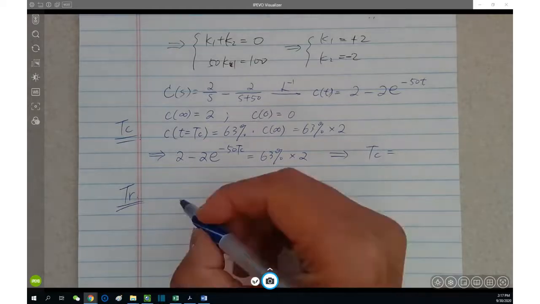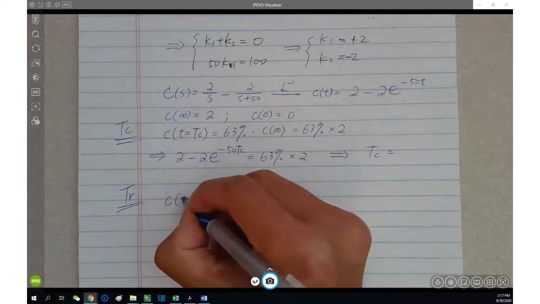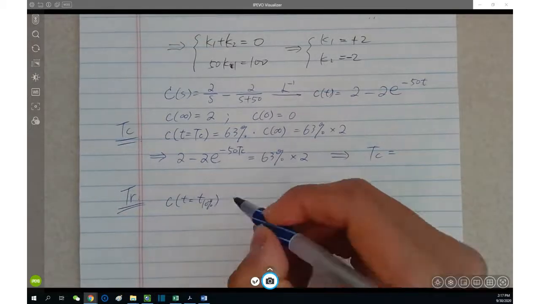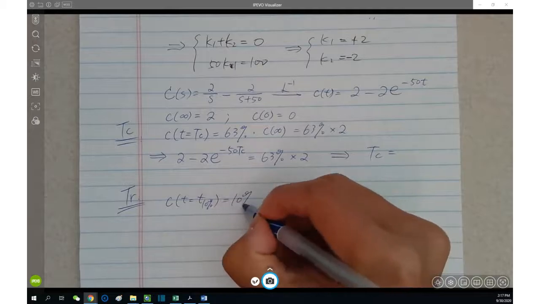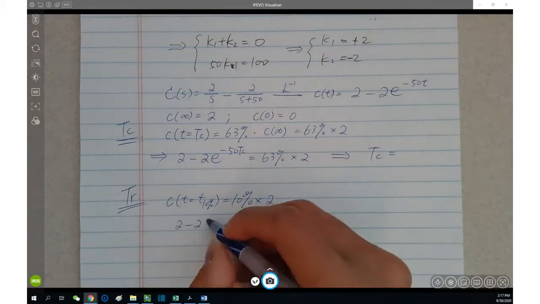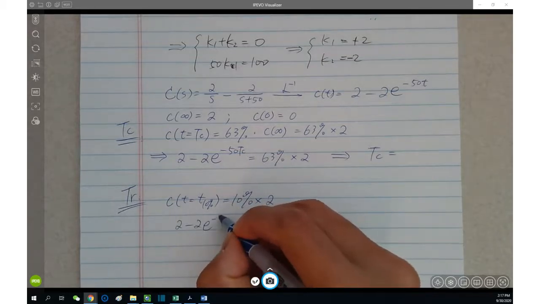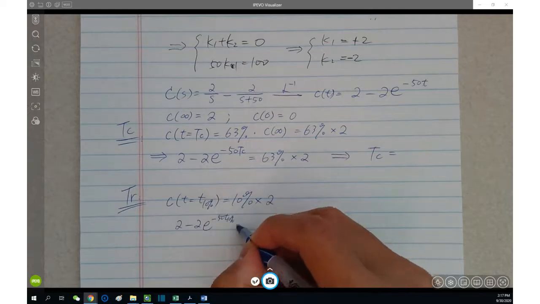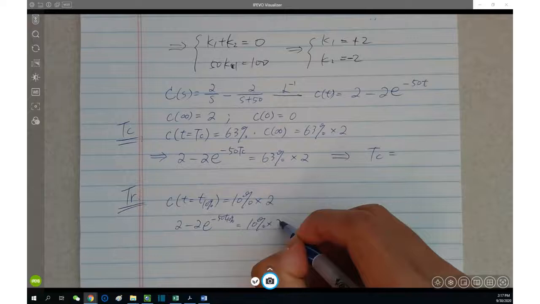So what do we do? c of t at the 10% time moment is going to be 10% times the steady state. From here, we have 2 minus 2 times e to the negative 50 t10% equals 10% times 2.